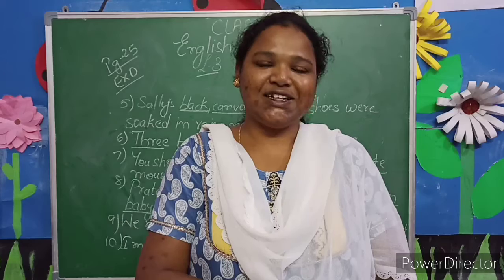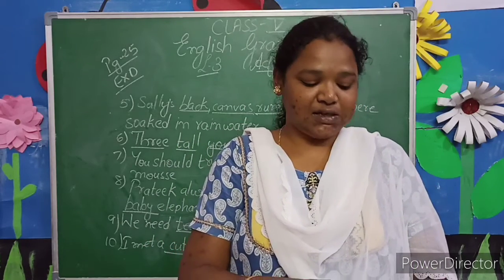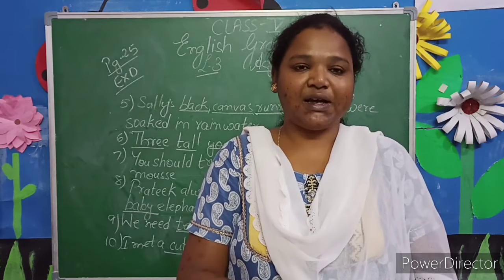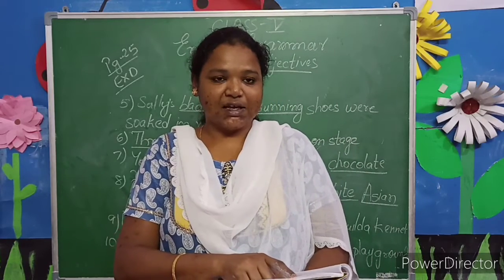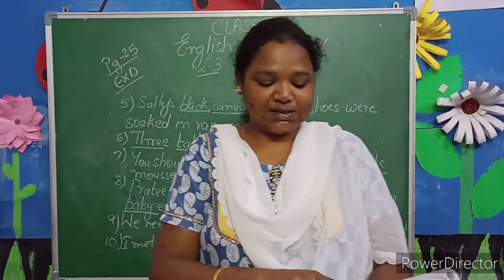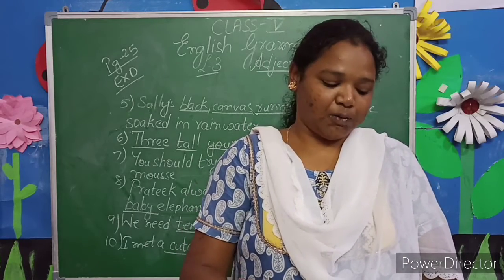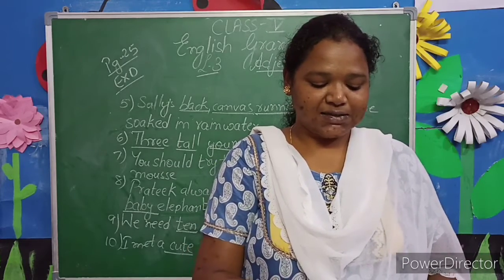Then ness: unpleasantness, silliness, heaviness. Ship: fellowship, friendship, kinship. Then tion, sion: transition, concession, construction. Ment: department, apartment. So using these suffixes, we have to complete exercise A.